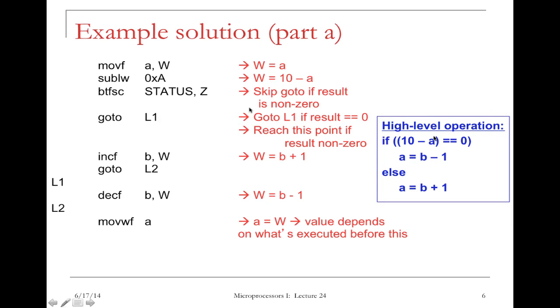So the high-level operation of this piece of code is to check whether 10 minus variable A is 0 or not.